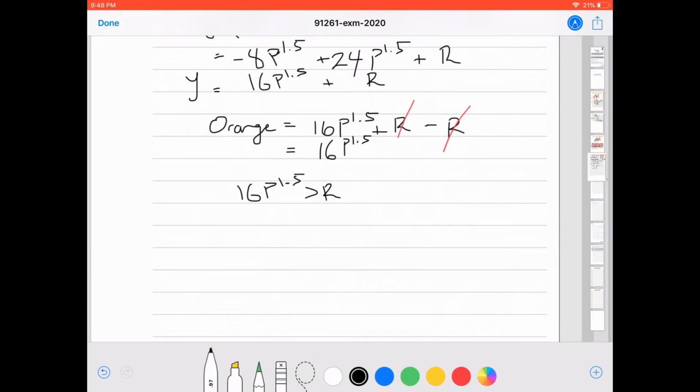And so we can say p to the power of 1.5 is greater than r over 16. And 1.5 can be written as 3 over 2. Now that is obviously fractional indices, power over root.